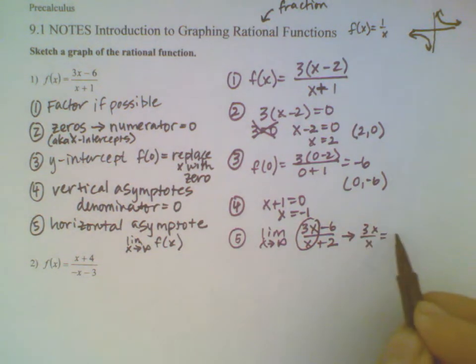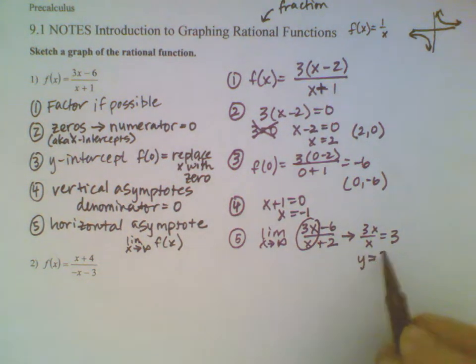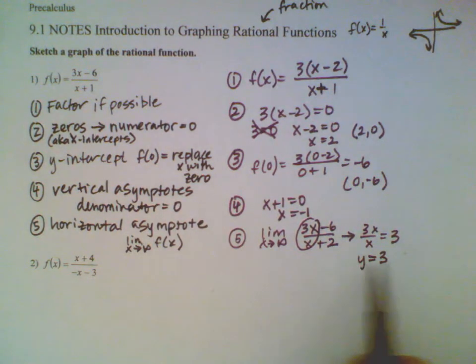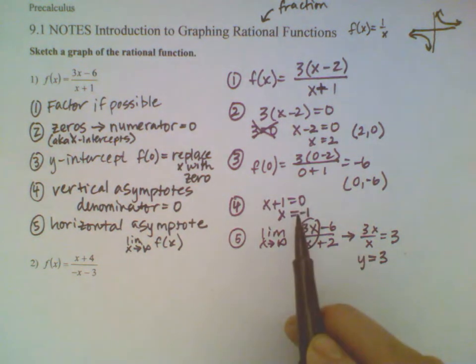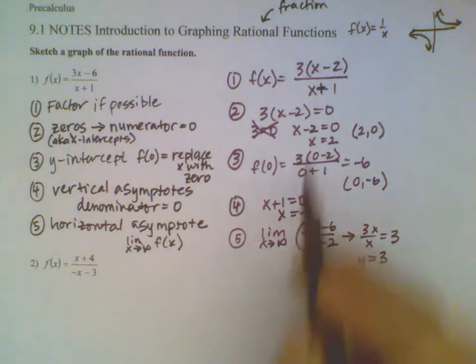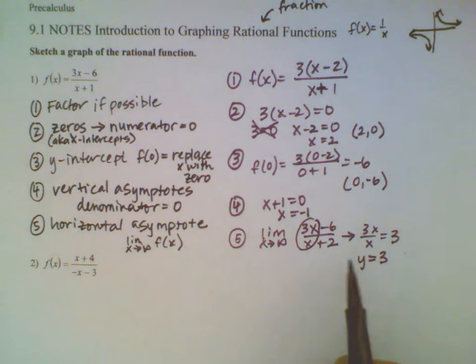When I simplify it down, I get 3, and that means I have a horizontal asymptote at 3. And when I write that one, I also write it as a line, but it's written as a horizontal line, where my vertical asymptote is written as a vertical line, x equals negative 1. My horizontal asymptote is written as a horizontal line, y equals 3.